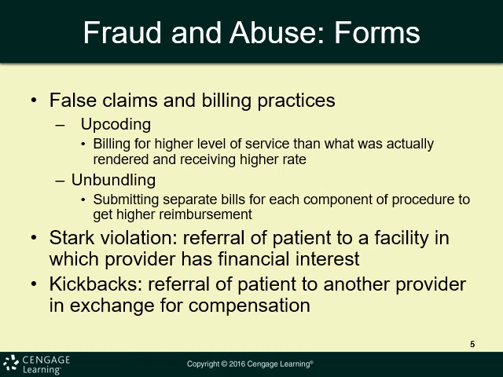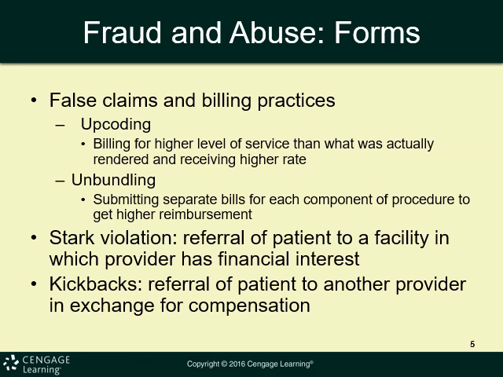The most common forms of healthcare fraud and abuse relate to the areas of false claims and billing practices. For example, billing for services that were not rendered, such as submitting bills for exams, x-rays, and lab tests that were not delivered. Other examples include upcoding and unbundling.